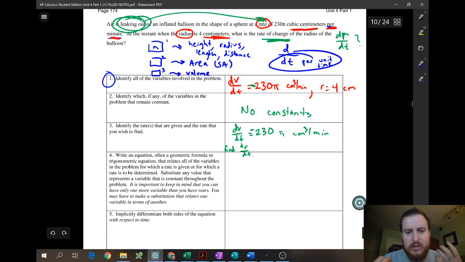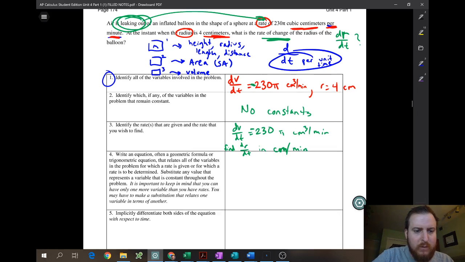You're not going to make a table like this every time you do this. This is just for us to talk through it. So let's think about what units dr dt should have. Well, what units would radius have? Radius would have, in this case, centimeters, because that's what the problem is in, divided by a unit of time, so divided by minutes. So that's going to be our units for the dr dt that we're looking for.